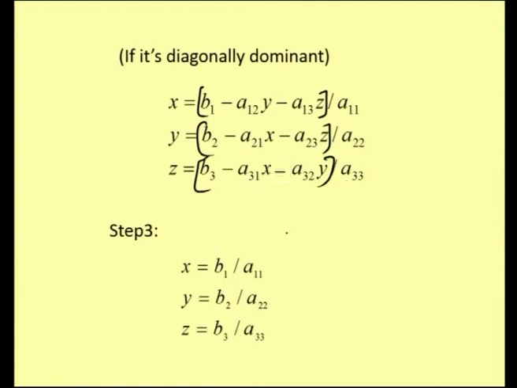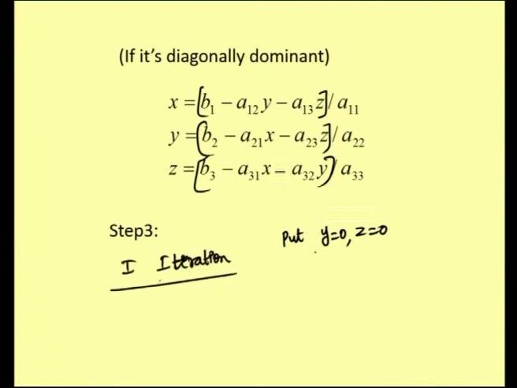So, in step 3, for the first iteration, you put y is equal to 0, z is equal to 0 in the first equation. So, x is equal to B1 by A11.